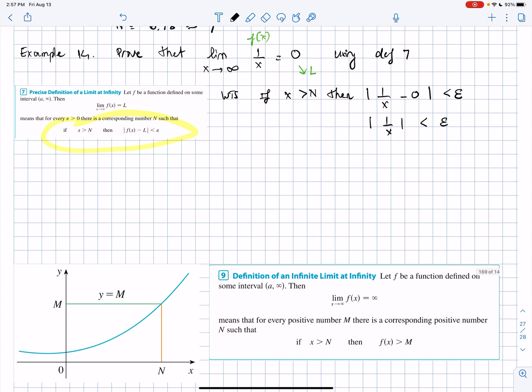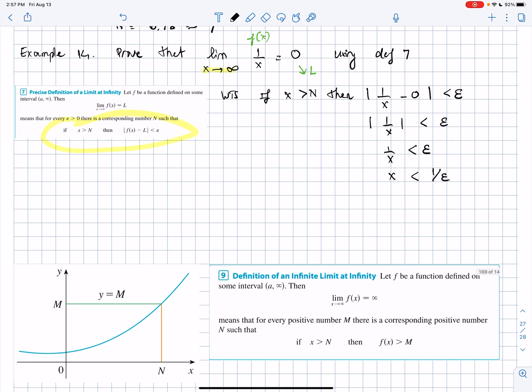But we assume that x is a positive number, because x goes to a really large positive number. So we can take off the absolute value and then solve for x. Then we get x greater than 1 over epsilon.